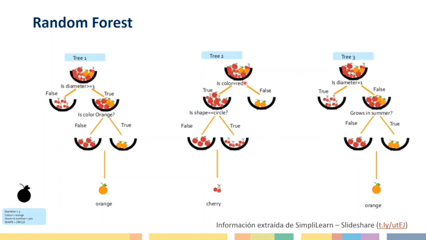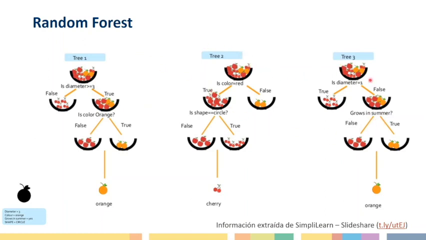If we look at each one of these trees, several variables participated, and variables are chosen randomly. These are used for reconstructing the tree. In this case, we would have diameter and color, here color and shape, and this one diameter and if it grows in summer.